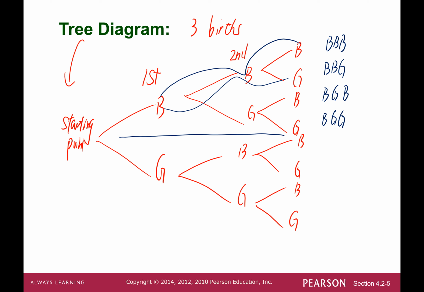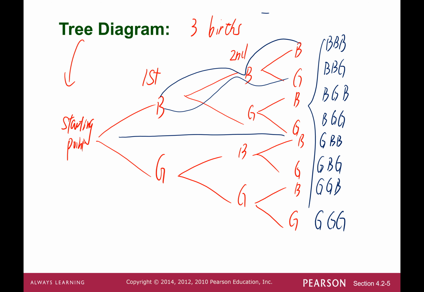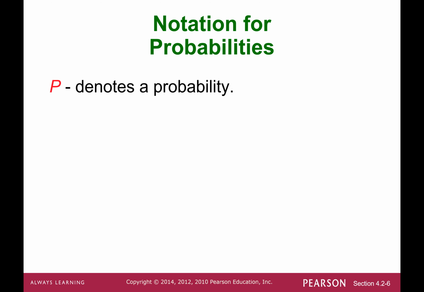The other half starts with girl: girl, boy, boy; girl, boy, girl; girl, girl, boy; then girl, girl, girl. So now we come up with all these possible outcomes. We have 8 possible outcomes, and we call this the sample space. The tree diagram is very effective for constructing a sample space.